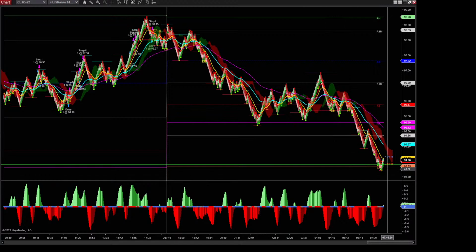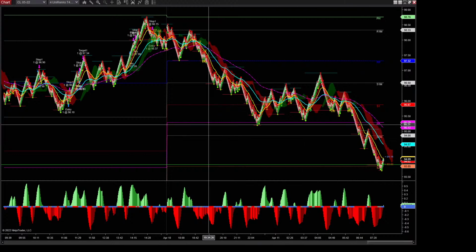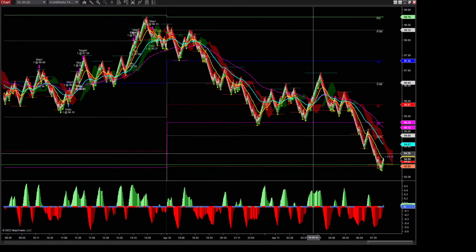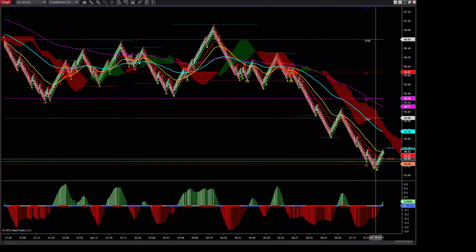It's a little bit oversold, I would say, and now it's bouncing. It's a reversal trade, so I'm not taking it, but it's a valid trade.